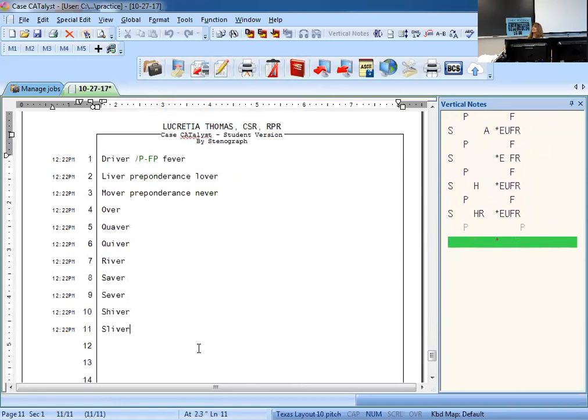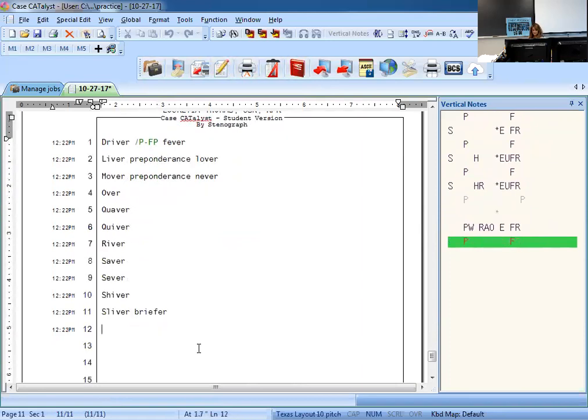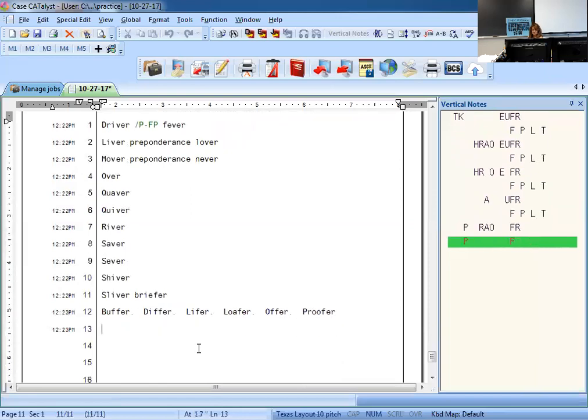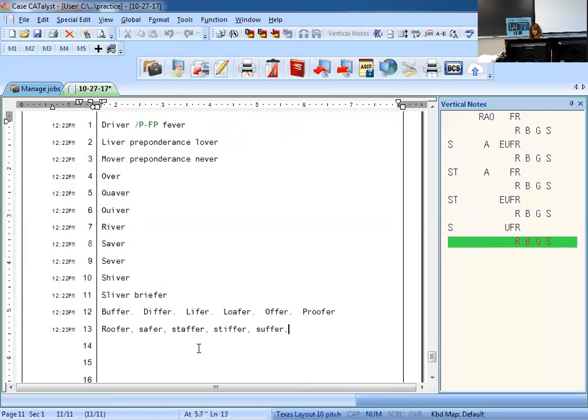Second column, they're just F words. So briefer, you don't put in the asterisk for the V. It's briefer like that. Buffer, differ, lifer, loafer, offer, proofer, one who proofs, roofer, safer, staffer, stiffer, suffer, cipher, gopher, defer.